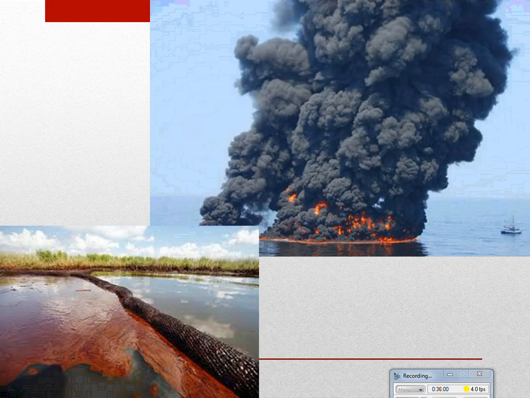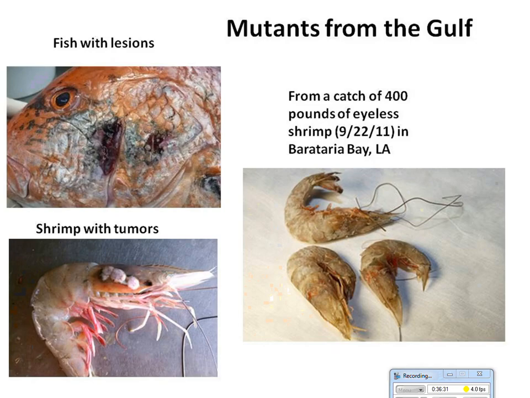The cause of that was negligence on the part of the company, poorly maintained oil rigs and things like that. Anyway, the oil spill, as a result of the negligence here.